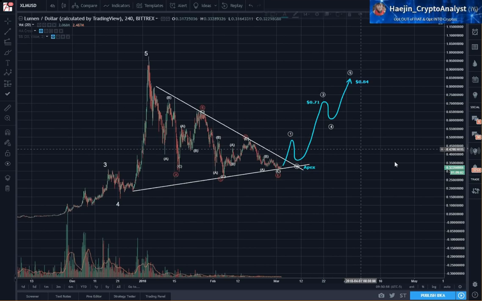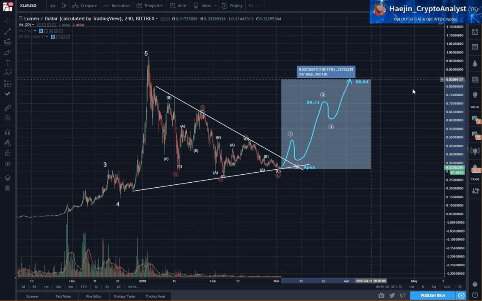That means we are looking at a 168% profit potential.